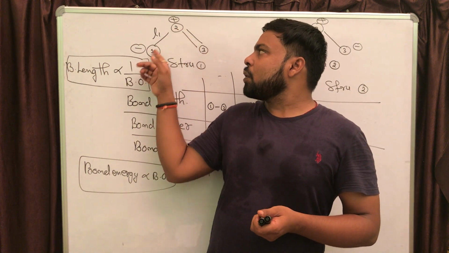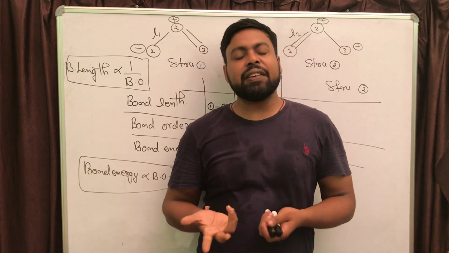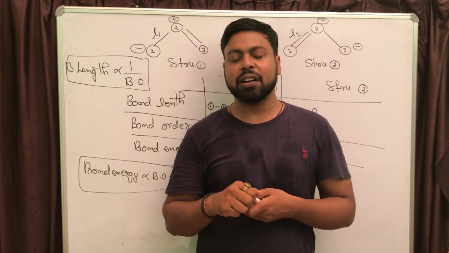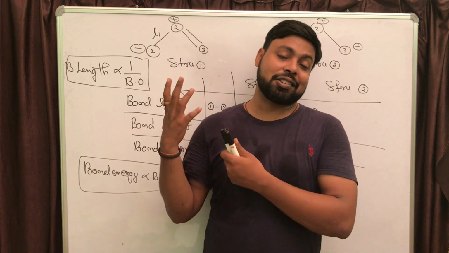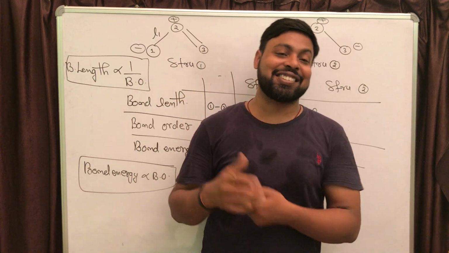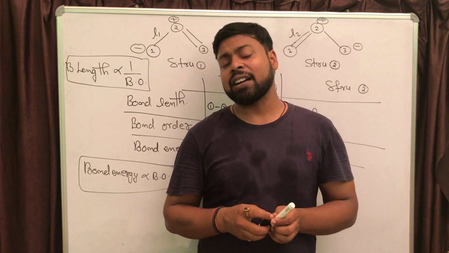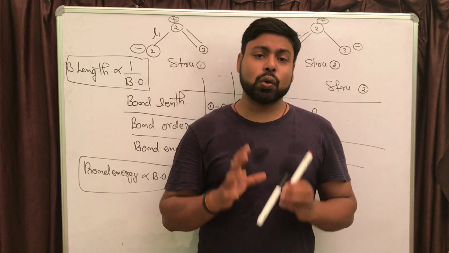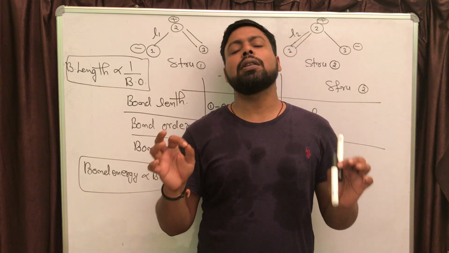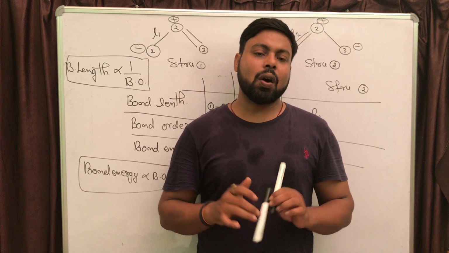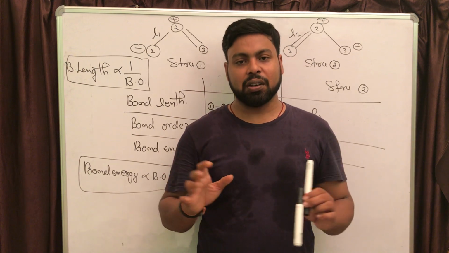According to the structure we have drawn, the bond lengths, bond energies, and bond orders are different. But the practical fact is that in the ozone molecule, all the bond lengths are equal and all the bond energies are equal.